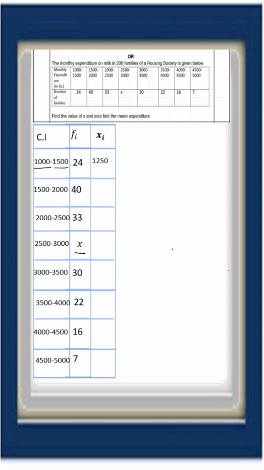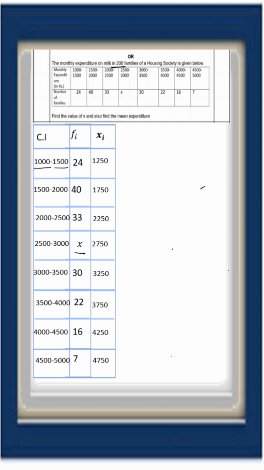1250 plus 500, 1750. Add 500, you'll get 2250. Again add 500, again add 500, add 500, add 500. Now let us find the value of x here. They have given the total number of frequencies as what? 200.